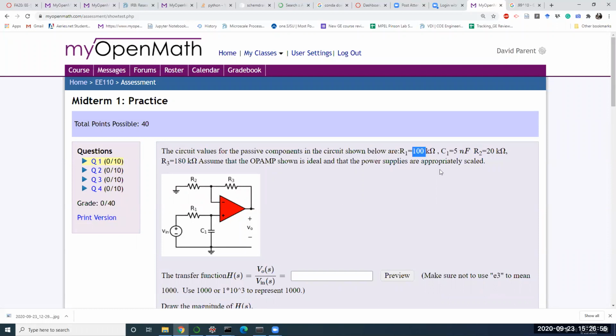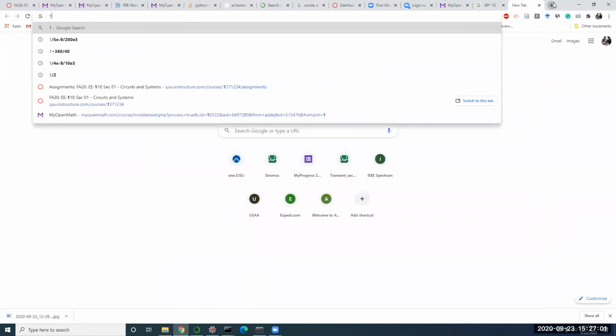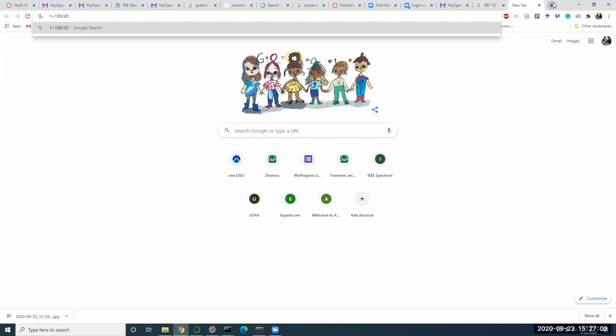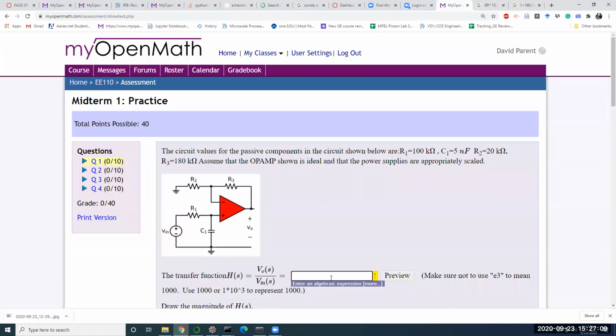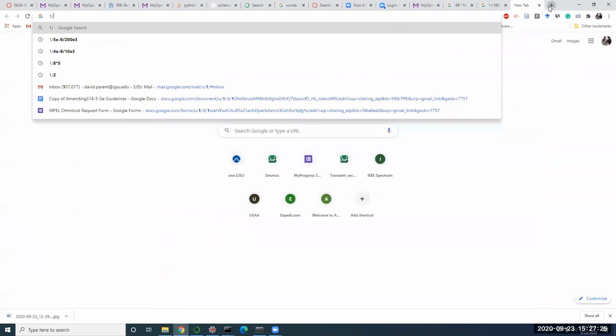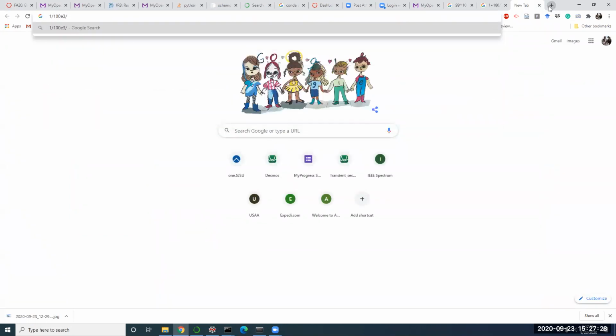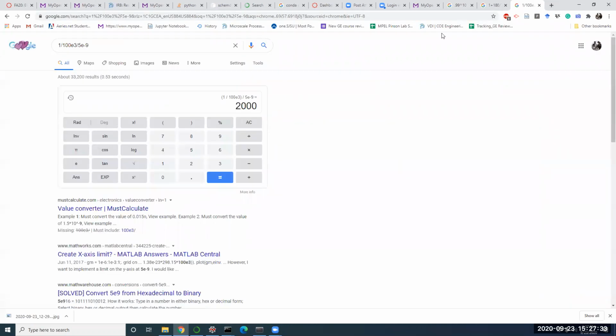So R2, let's see, 20, R3 180. So 1 plus 180 divided by 20. All right, so the gain is 10. So it's 10 times, what's omega naught? It's 1 divided by R1 C1, so that's 1 divided by 100 e to the 3... 2,000.